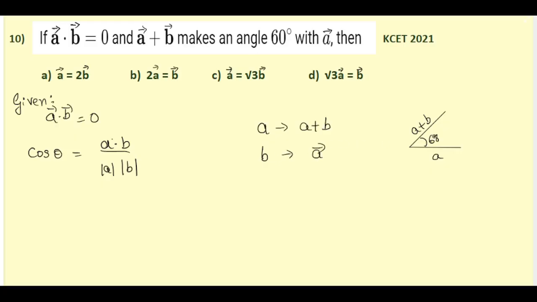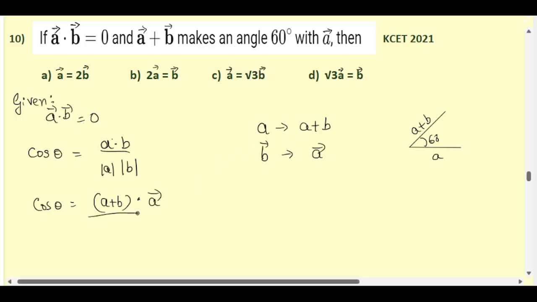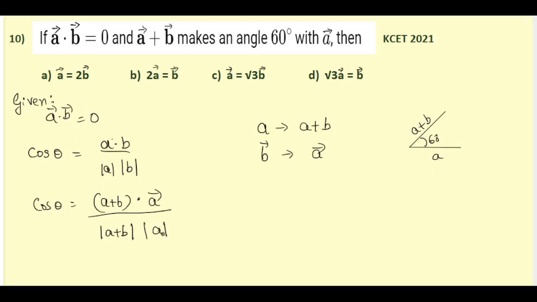So we are finding the angle between the two vectors A plus B and A. Now substitute this in the formula, that is cos theta equal to A plus B dot A vector divided by magnitude of A plus B into magnitude of A.